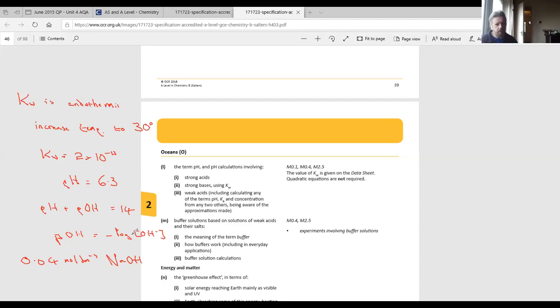Right, let's try it out. Minus log 0.04 is 1.4. 14 minus 1.4 is 12.6, which is what we got before. Most people do it the other method, but you can do this, you still need to know what Kw is.